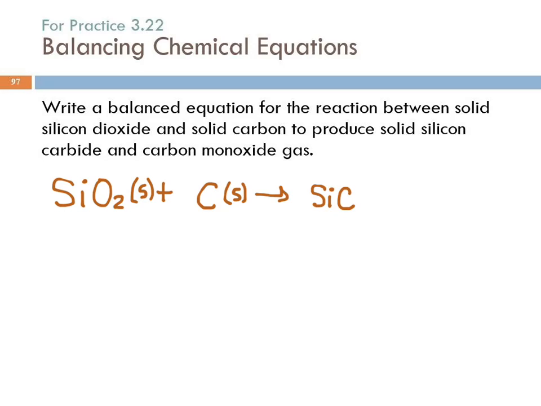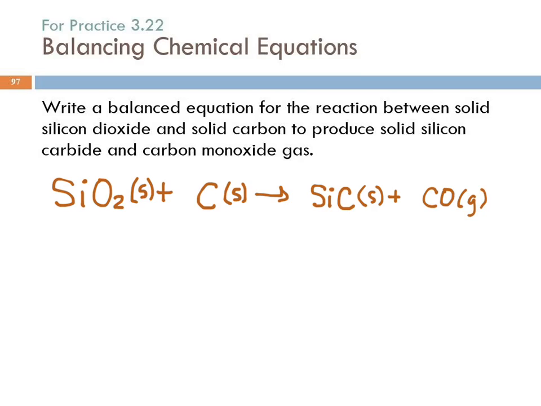Just silicon and carbide, because if it was like dicarbide or tricarbide, they would have put something like that in there. So the absence of mono, we'll assume it's 1. That's a solid, and carbon monoxide gas. So that's CO, and that's a gas.